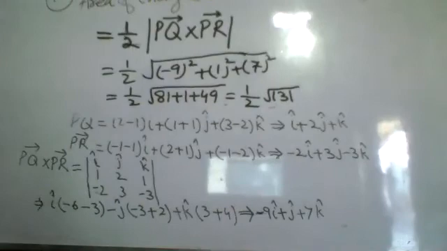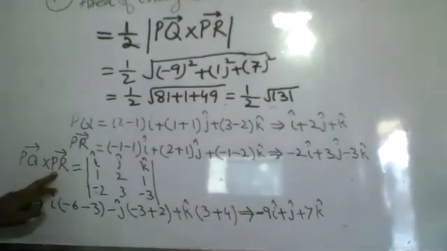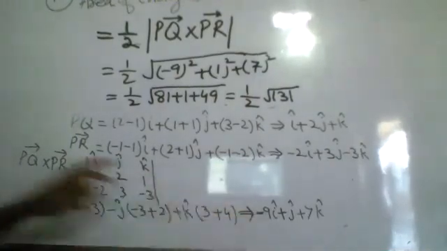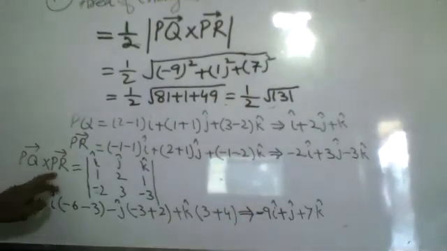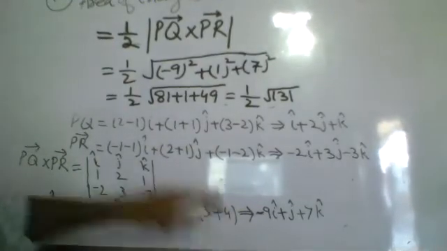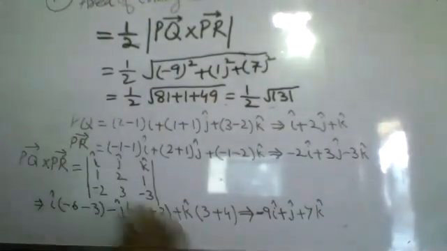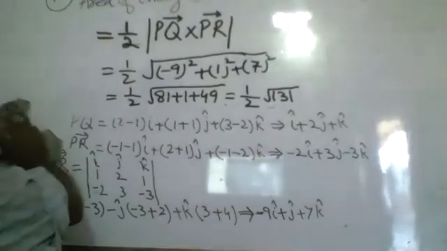We will find the unit vector. This vector is PQ cross PR, so this will be perpendicular to the plane PQR. We have to find the unit vector. We found the magnitude, now we will find the unit vector, the B part.